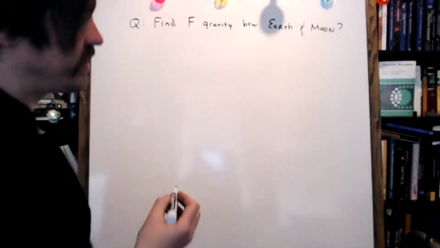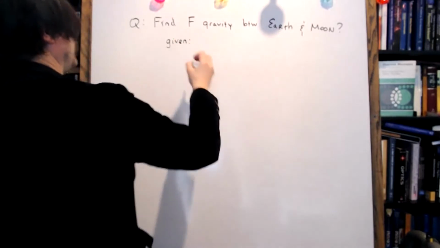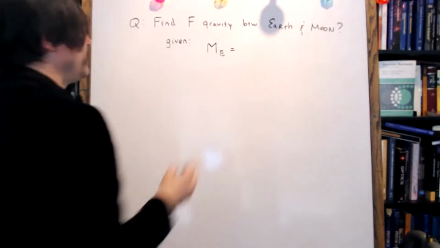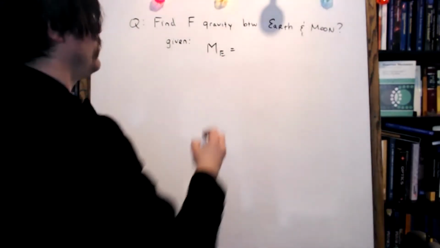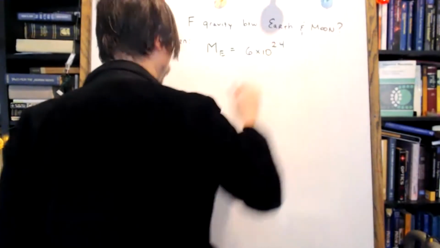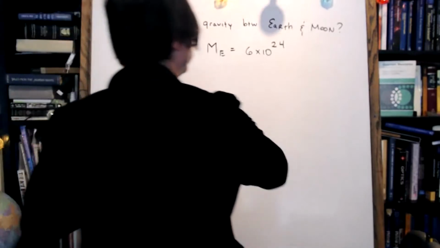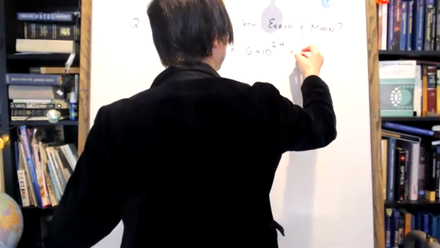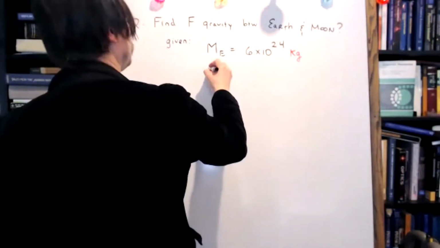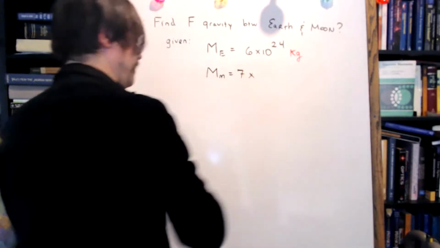To solve this problem, you're going to need some givens. Given the following quantities. The mass of Earth has been measured by Henry Cavendish to be 6 times 10 to the 24. This is going to get a little messy, kids, so I'm going to use red for units. Kilograms. The mass of the moon was measured by somebody else.